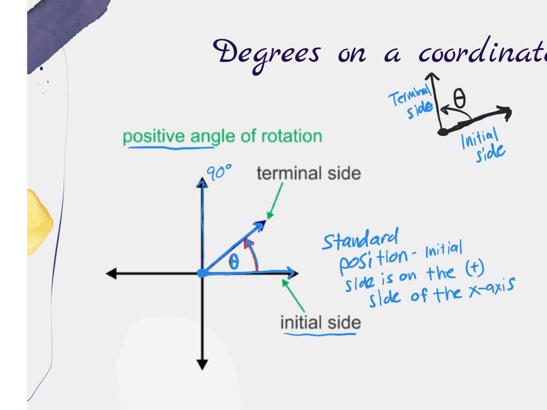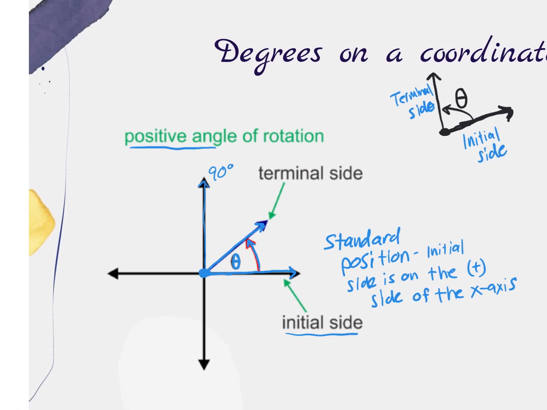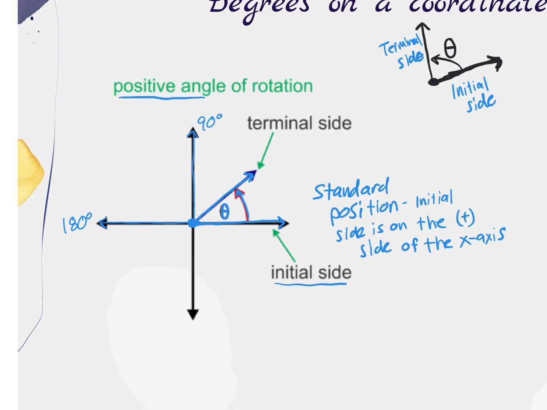If I go around to the negative side of the x-axis, that's 180 degrees. If I go another 90 degrees and end up on the negative side of the y-axis, this is 270 degrees. And if I go a full rotation, that's 360 degrees.